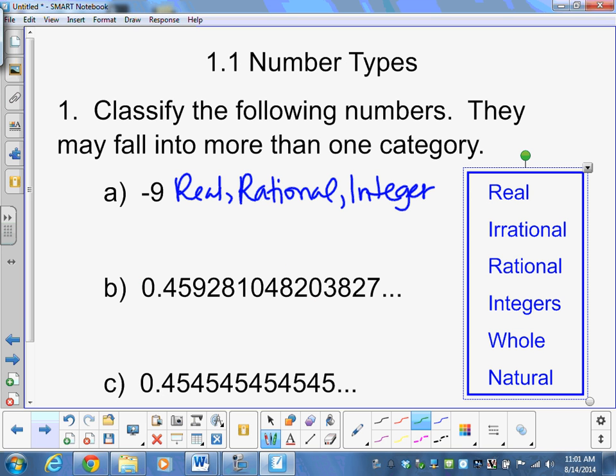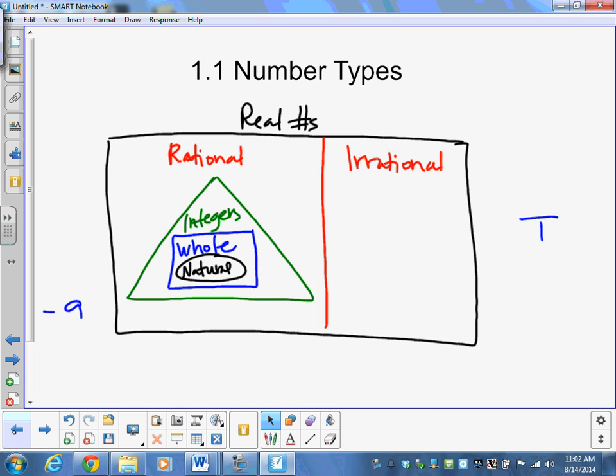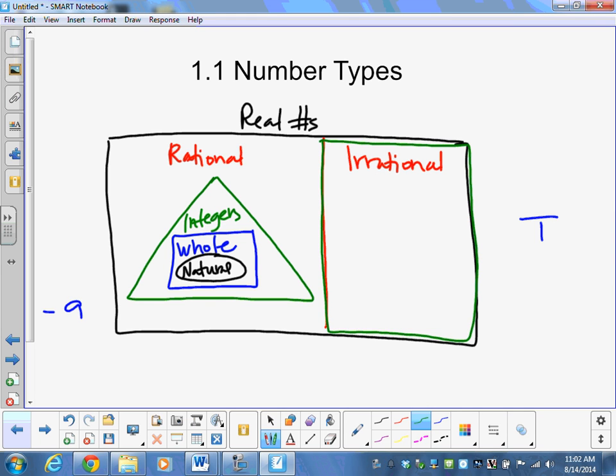So if we look at our number types, we've got a real number. All the numbers we know are real, so it has to be real. Then we decide, is it irrational or rational? Because it does not have a pattern, it's going to be irrational. Once it's irrational, if we look at our diagram, we cannot break irrational down any further. There's nothing in this box to break down further. So it's irrational, and that's it.